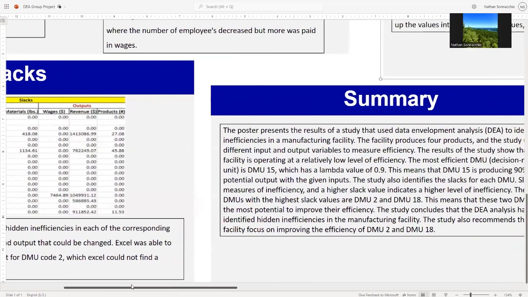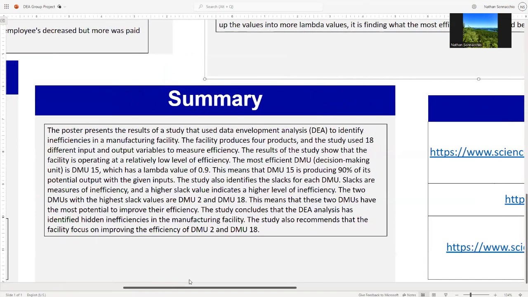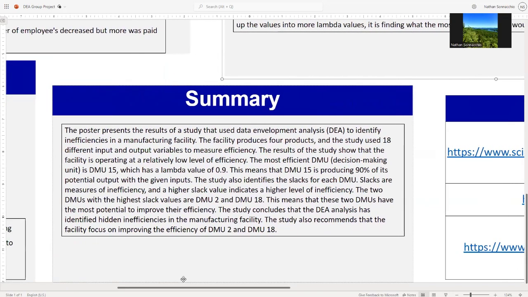So that concludes the information from our particular model. The poster presents a result that the DEA is to find inefficiencies within the facility. The facility produces 4 products, and the study used 18 different input and output variables to measure efficiency.